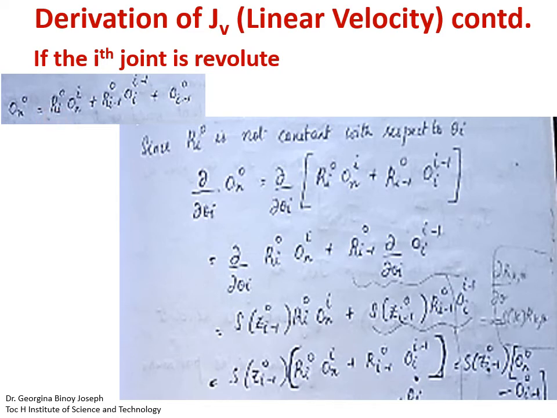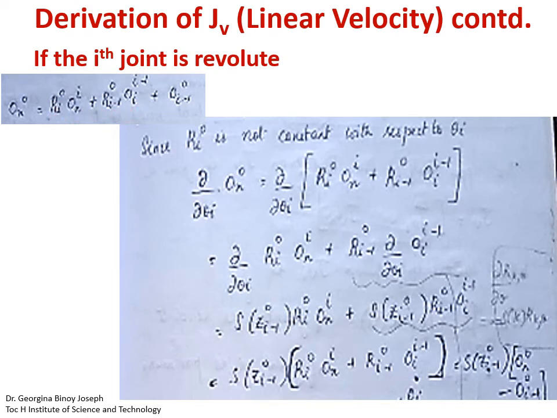This term R_{i-1} to 0 is not a constant because when the ith joint moves, this rotation matrix will be changing. In the earlier case this term was a constant, this term was a constant, only this was variable. Now we have this thing to be variable and this also is variable. So now you'll have these two terms coming in.